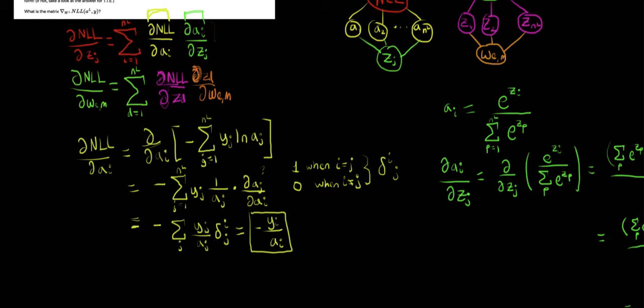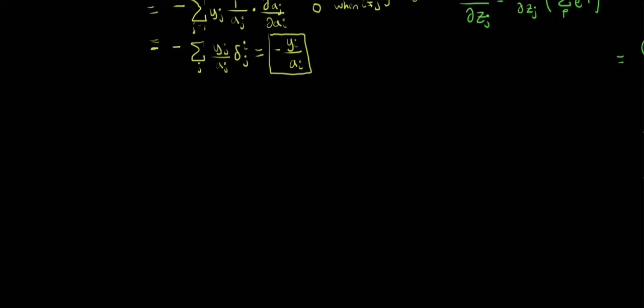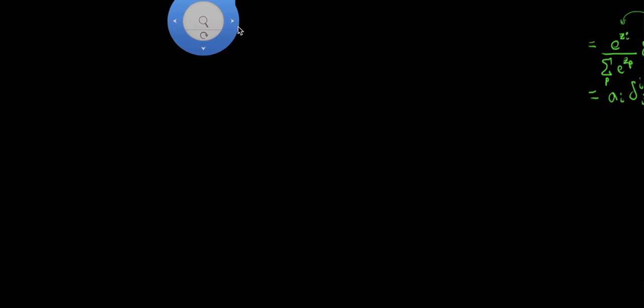So I am going to first get some new real estate. And so what we want is, here, let's go a little bit to the left. So what we want is the derivative of the NLL with respect to ZJ, right?